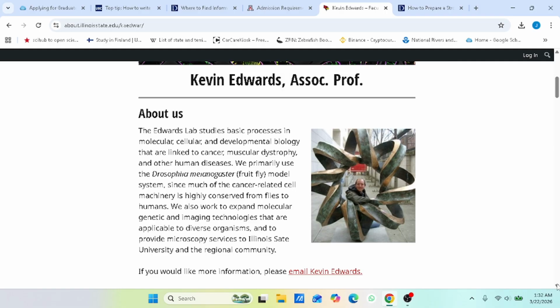We primarily use the Drosophila melanogaster model system since much of the cancer-related cell machinery is highly conserved from flies to humans. We also work to expand molecular genetics and imaging technologies that are applicable to diverse organisms and to provide microscopy services to Illinois State University and the national community.